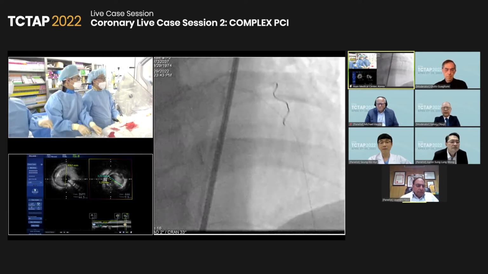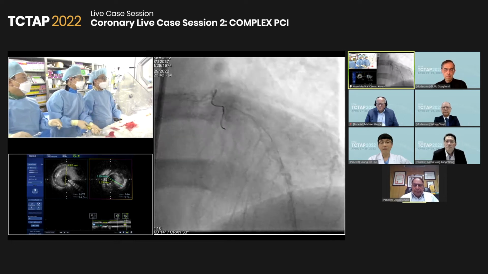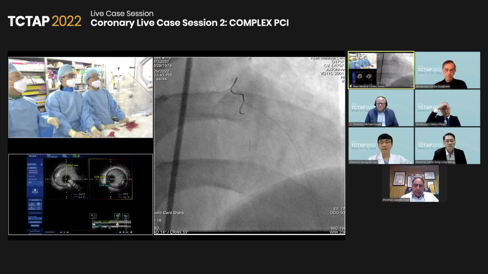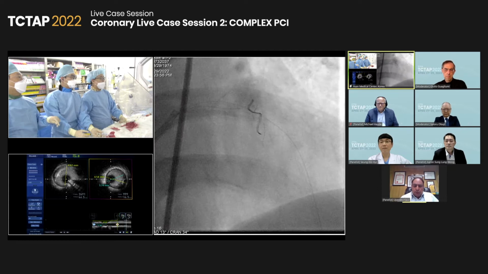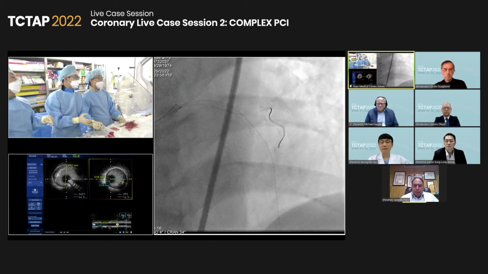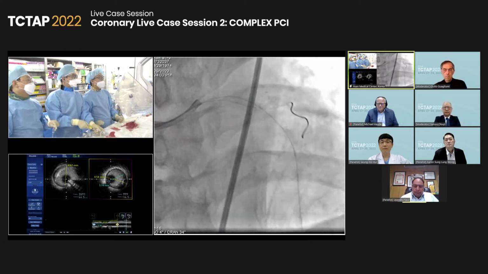Yeah, I think whatever is happening is something which was predictable. That you're dilating the origin of the circumflex, going across it, and some plaque shift is there, and some reduction in the flow is there, which cannot be totally ignored, has to be interrogated.